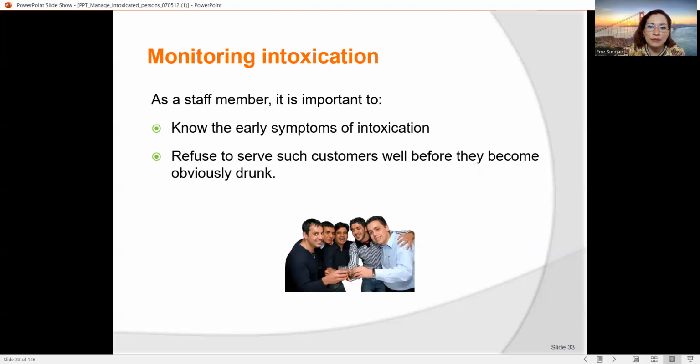As a staff member, it is important to know the early symptoms of intoxication, then refuse to serve such a customer well before they become obviously drunk. If you're a waiter, you are in direct contact with your guests, so you need to know your customers well.